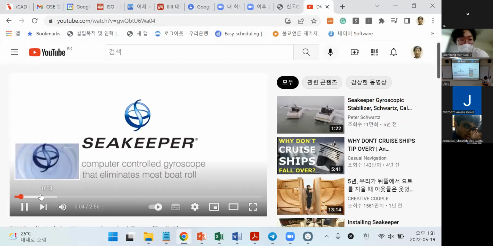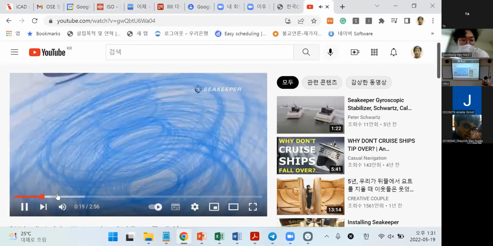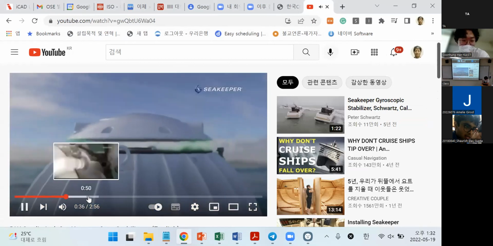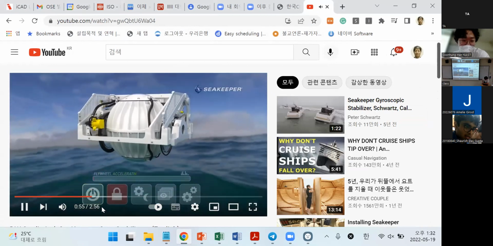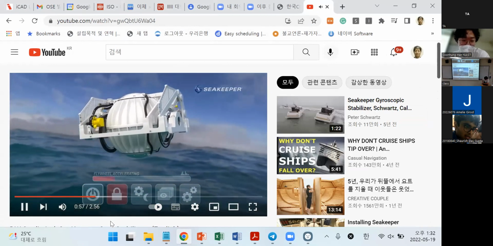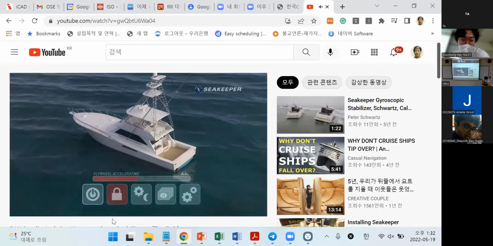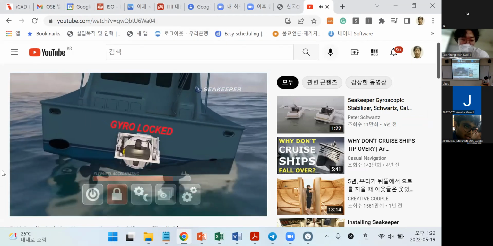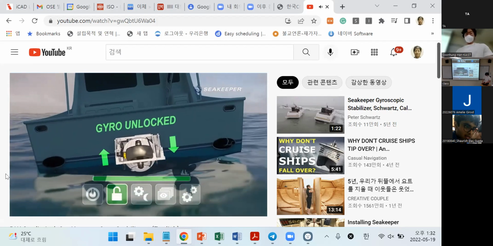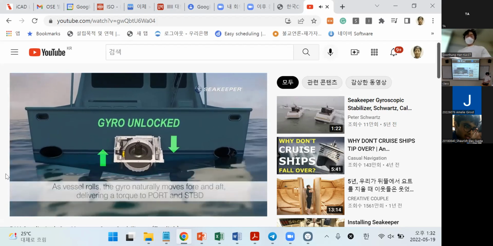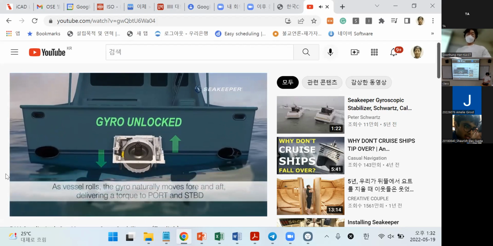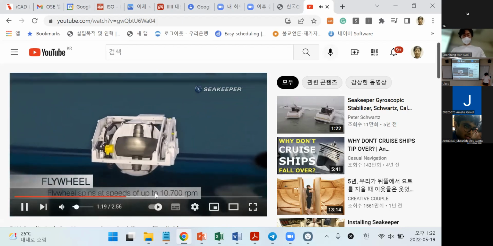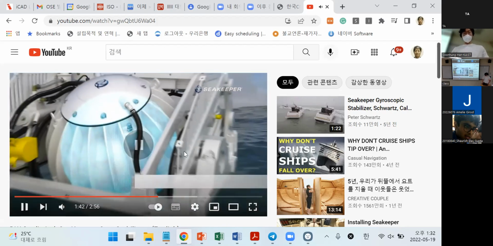That's the company who made that. Just a gyroscope in the ship.